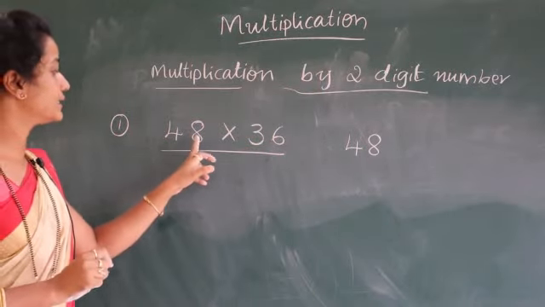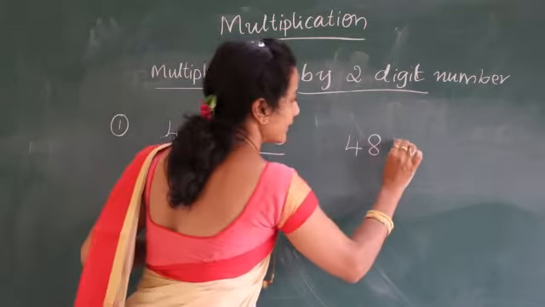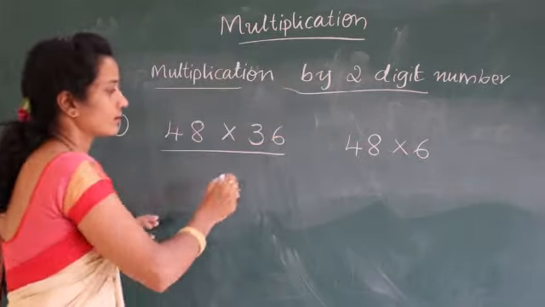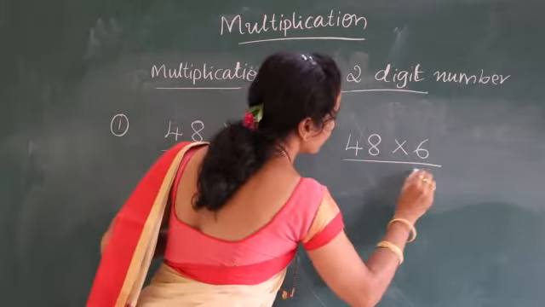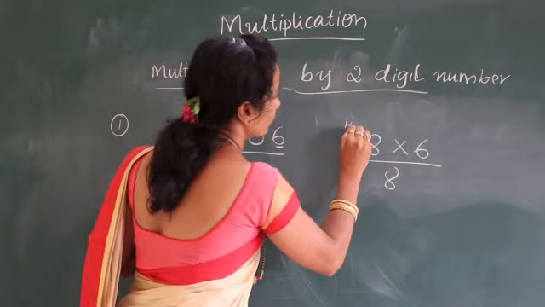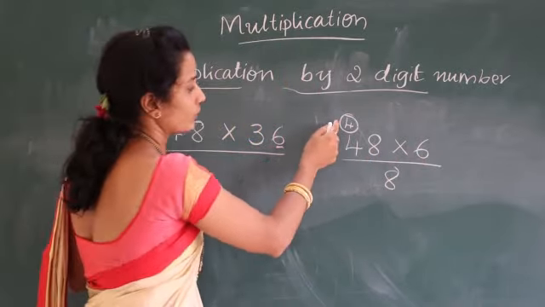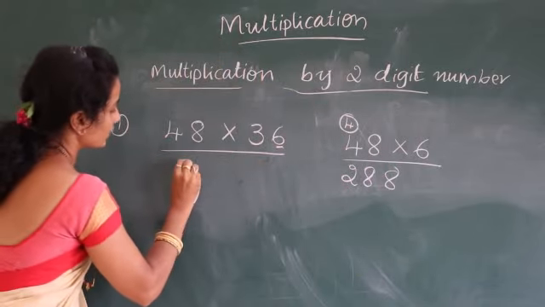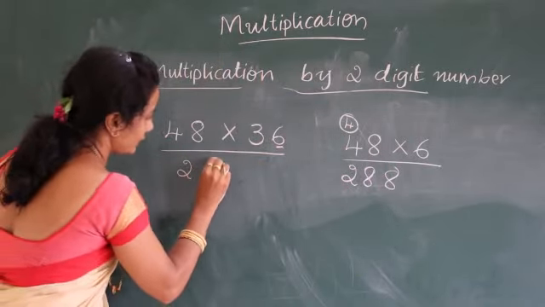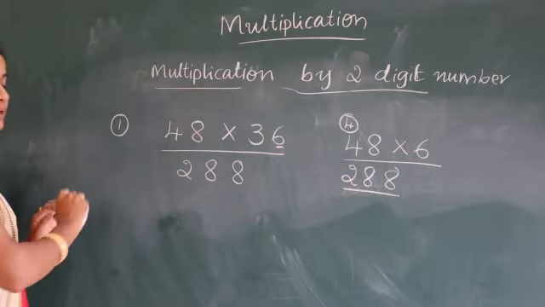Now multiply this multiplicand first by the unit place of the multiplier, that is 6. First multiply by 6. 6 8s are 48. 4 is carried. 6 4s are 24. 24 plus 4 is 28. So I got the answer 288.